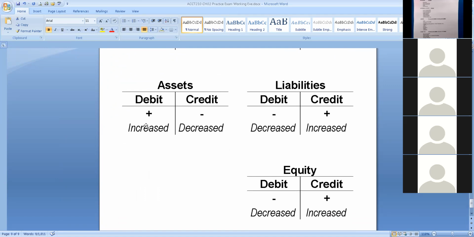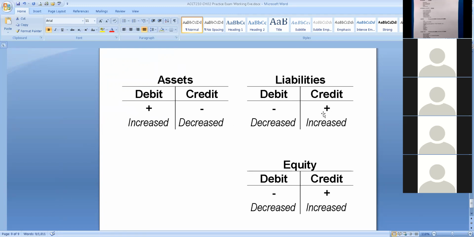What they mean by the normal balance is what does the balance say at the end of the year in that account? Let's take assets, for example. If you have some amount in equipment, it'll be a positive debit. It's possible you don't have any equipment, which would be zero, but you can't have negative equipment. The same way, for cash, you could have zero cash, but you can't have negative cash.